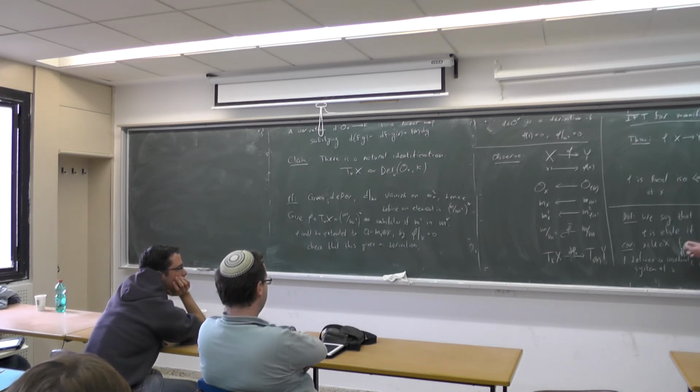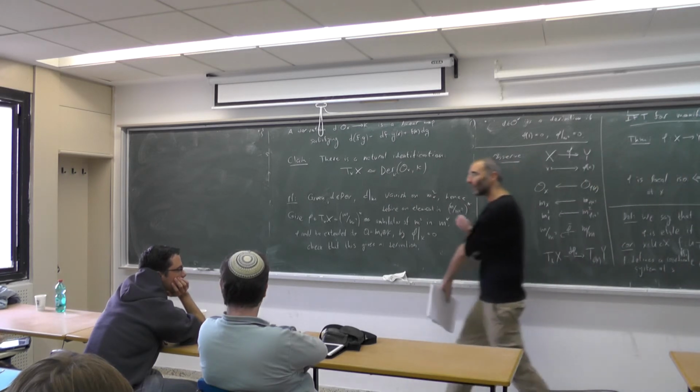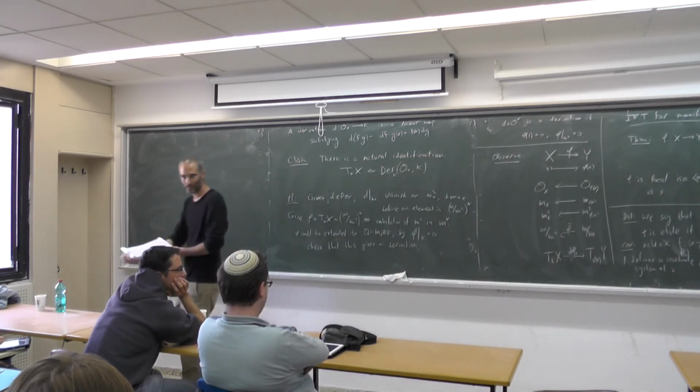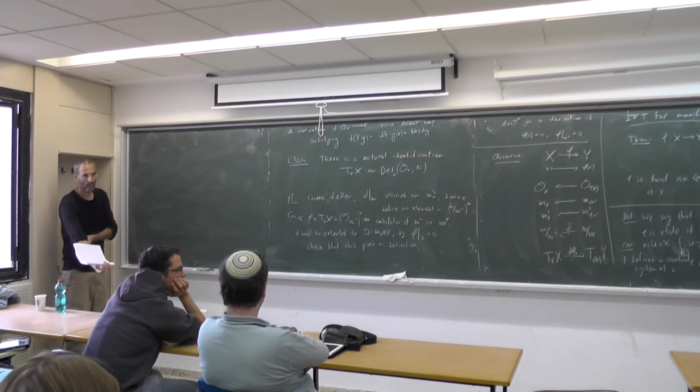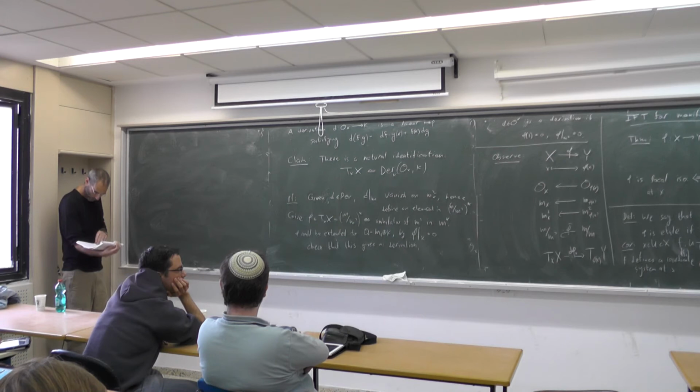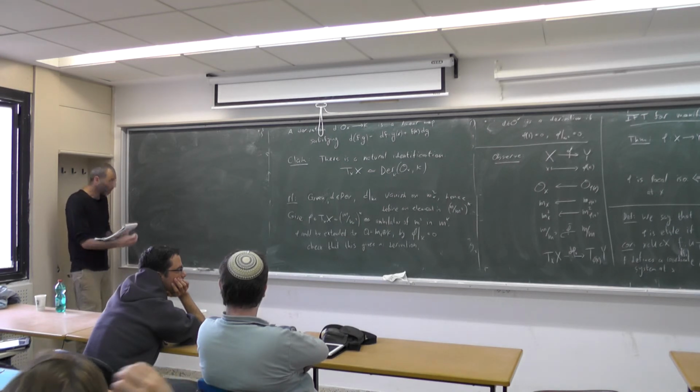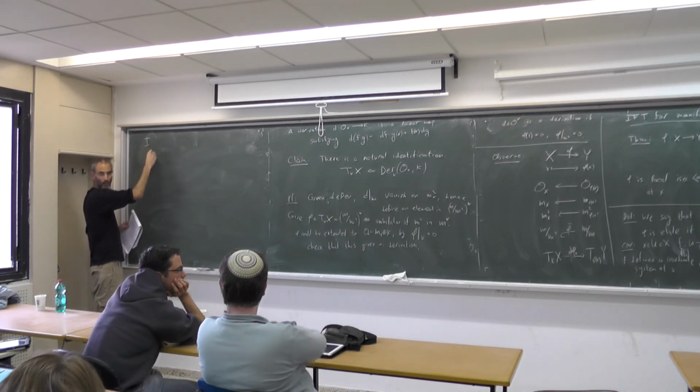For functions into K^n, I think about them as tuples. Yes, f_i is F composed with the coordinate projection. Is this clear?